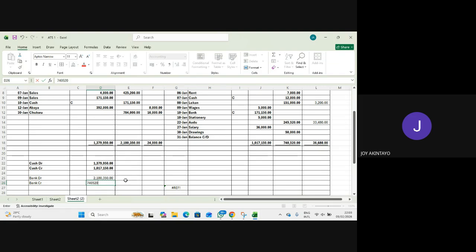So now, what we need is the difference. Now, minus 1,017,150 from 1,379,950.